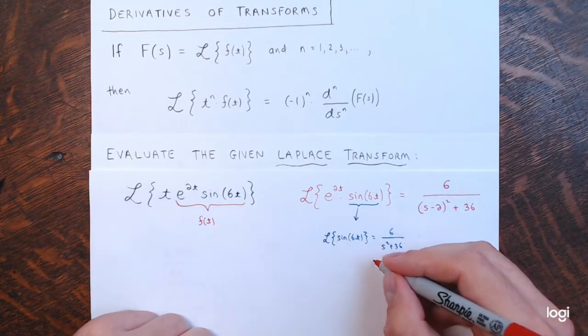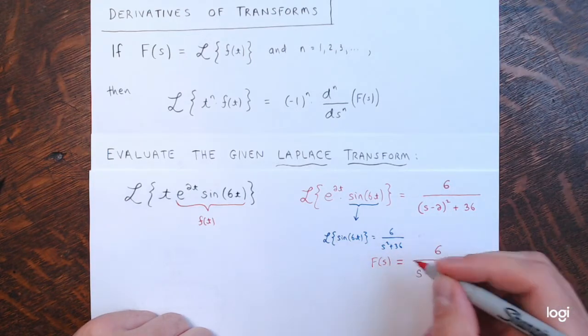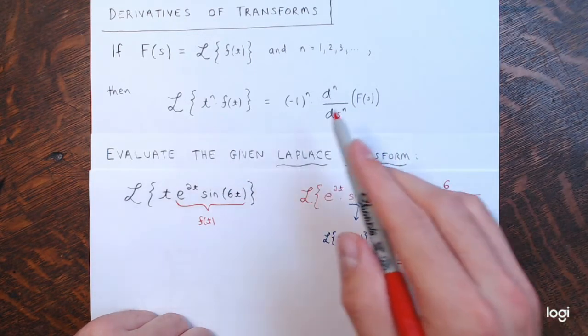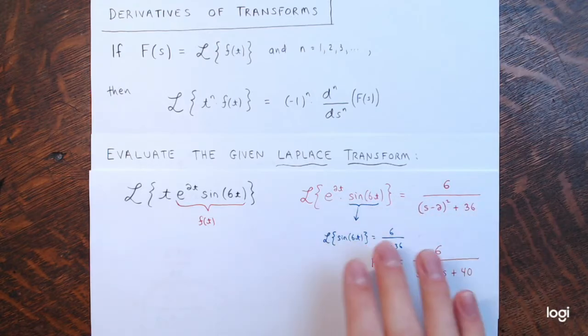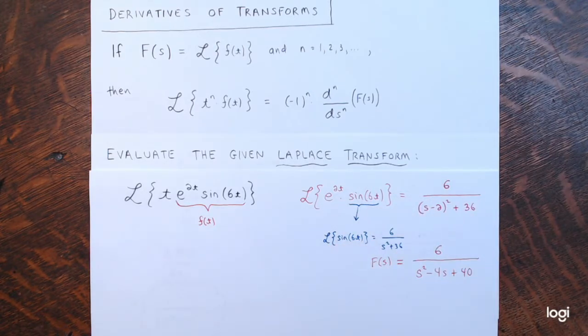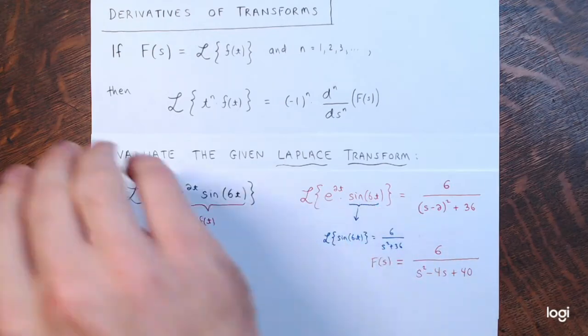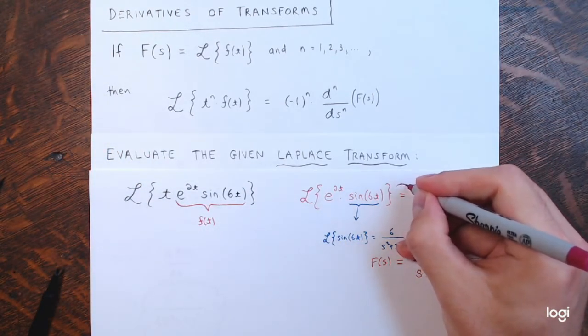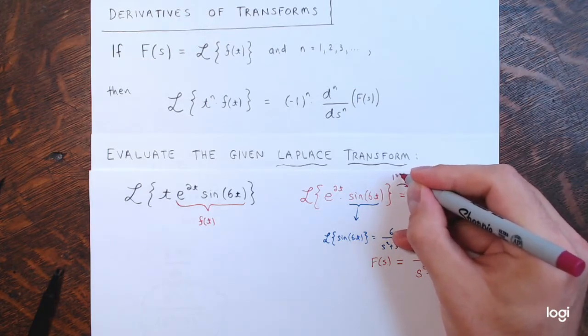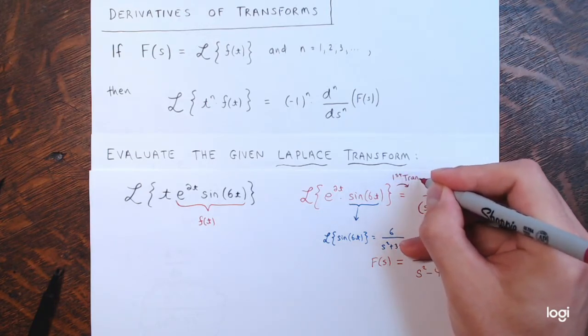Okay, and this is the capital F of s that comes up in the rule for derivatives of transforms. Alright, so now that we used that first translation theorem, I should probably write that so you can go look it up.